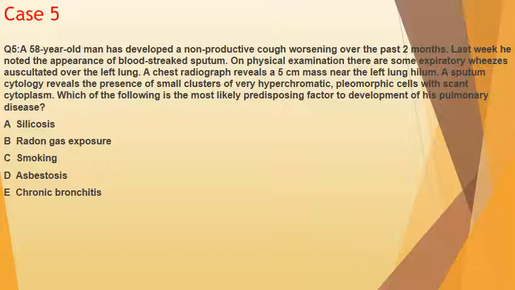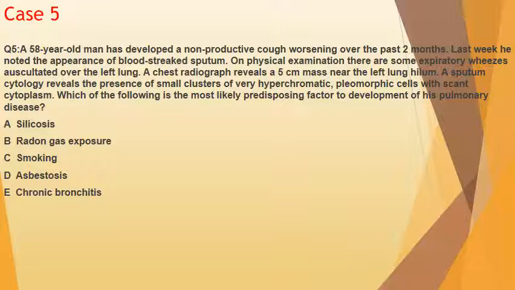Oh, this is bad. This is pretty bad, actually. Anyway, sputum revealed the presence of a small cluster of very hyperchromatic pleomorphic cells with scanty cytoplasm. I think we are catching the tumor here. We are dealing with a tumor.